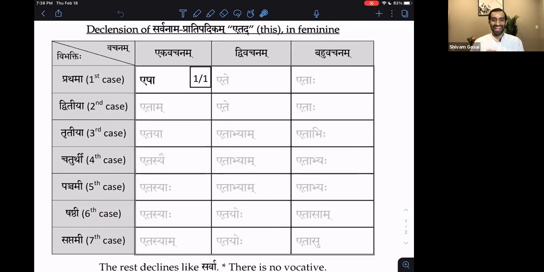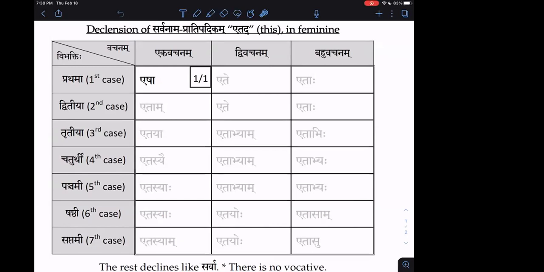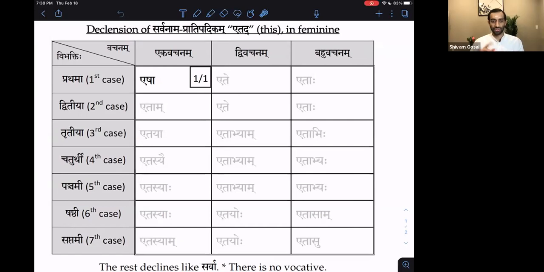Fifth case, etasyaha, etabhyam, etabhyah. Is it etasyaha with a long vowel or short?